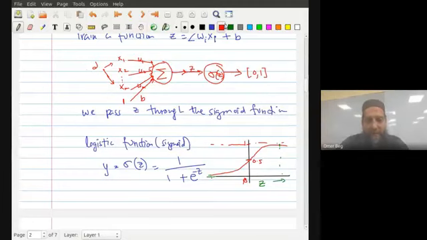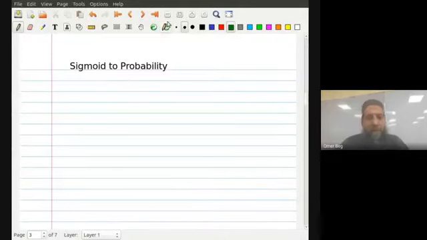That means now we have the probability. We can say this is the probability of y being 1 for this document D, which has been converted into its features. So how do we convert this sigmoid to probability?